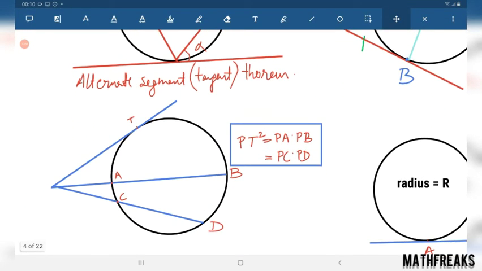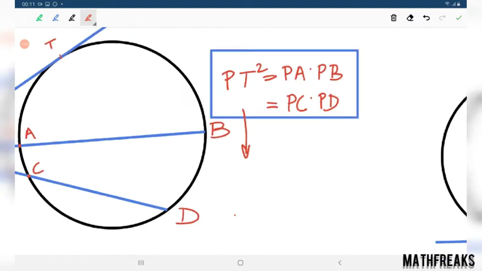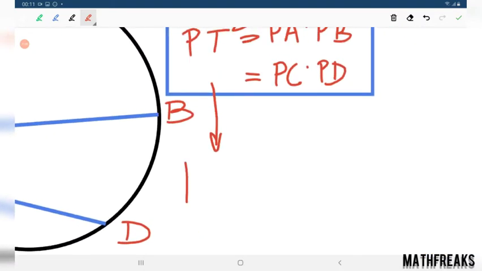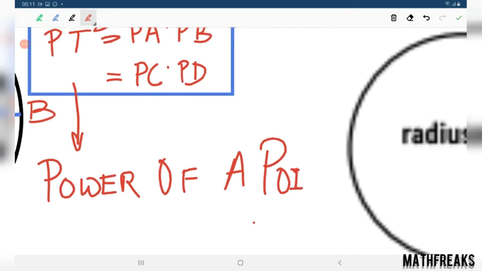Lastly, this is power of a point. Special focus on power of a point.